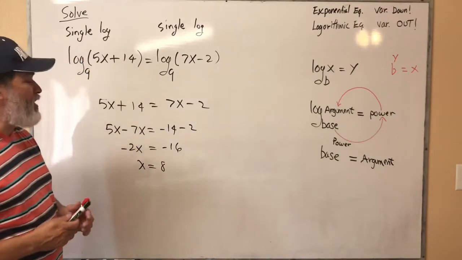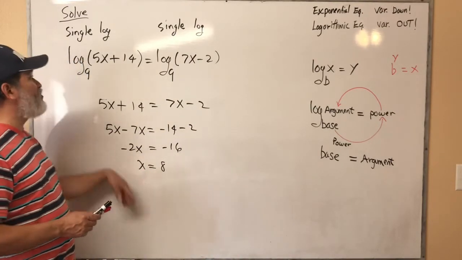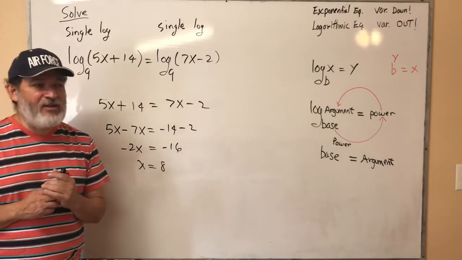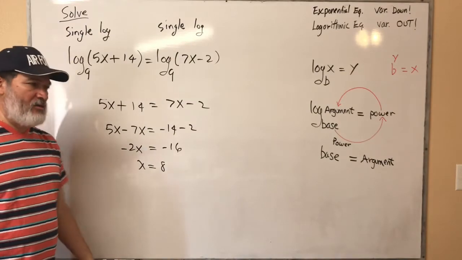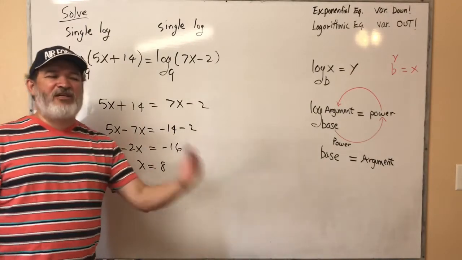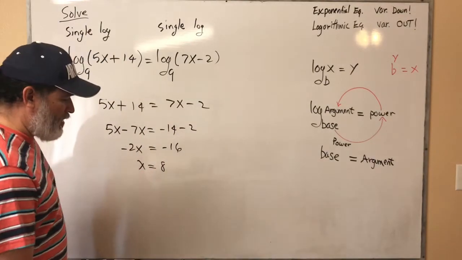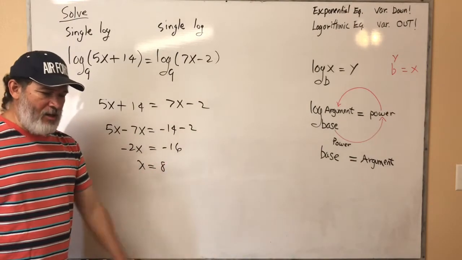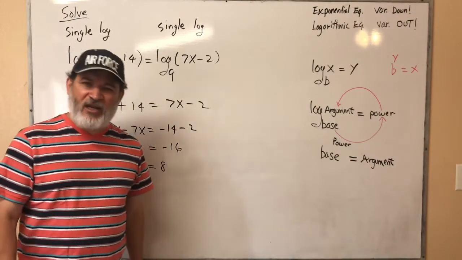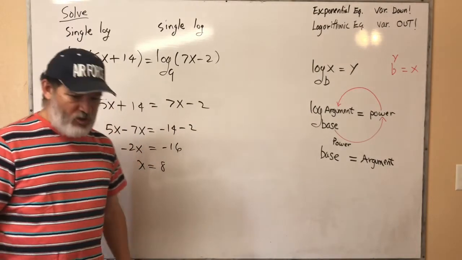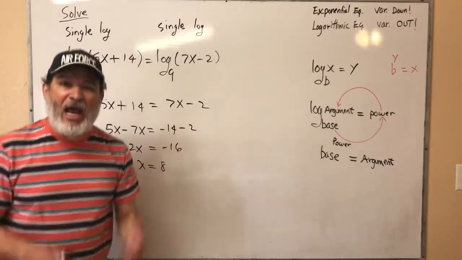You better make sure that this is an answer to this problem, because sometimes the answer is extraneous. What is extraneous? If you were walking on the street and someone came to you and said, "What's an extraneous solution?" your answer is going to be basura.